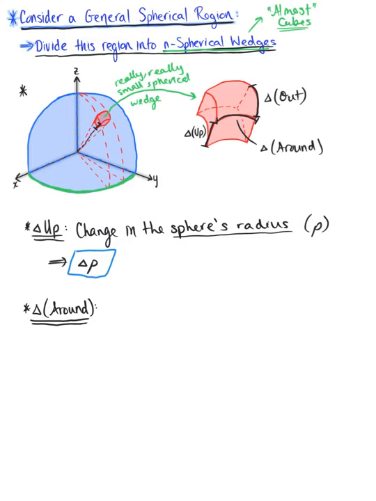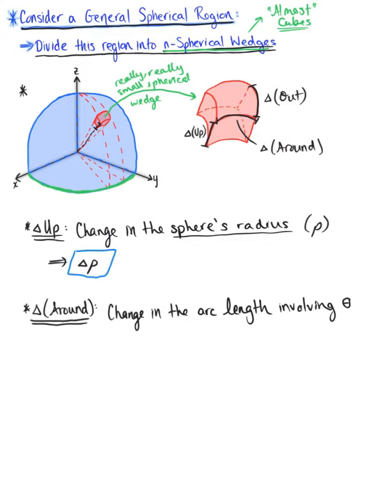Think about what angle is associated with that arc length. Theta. So this is going to be the change in the arc length involving theta.